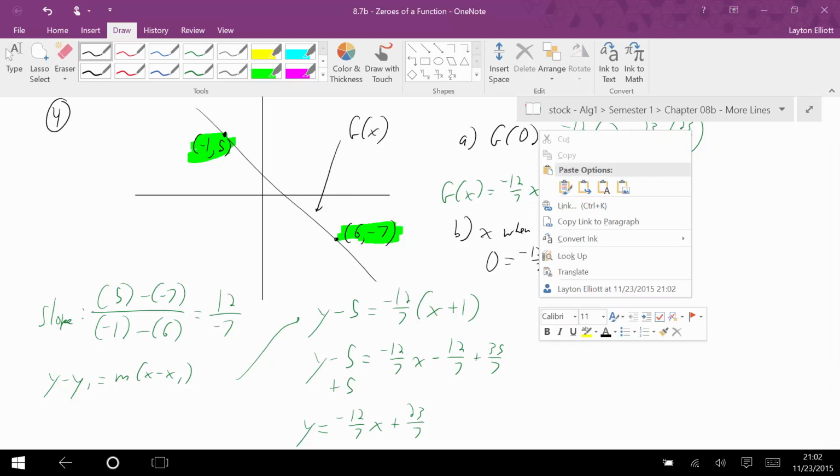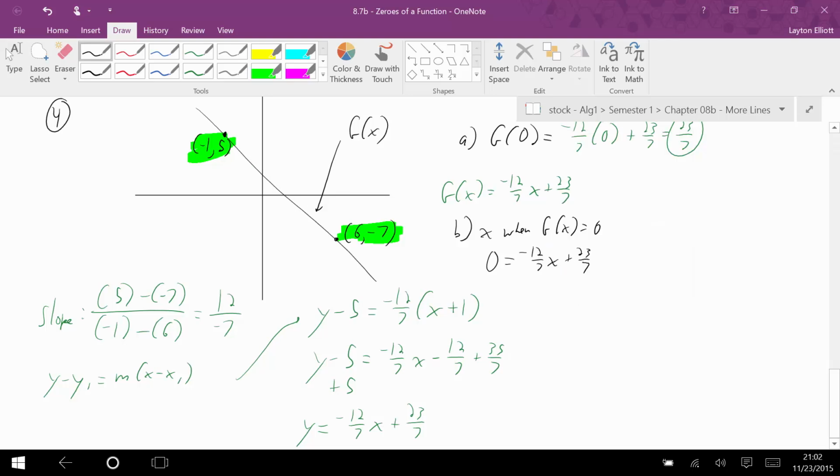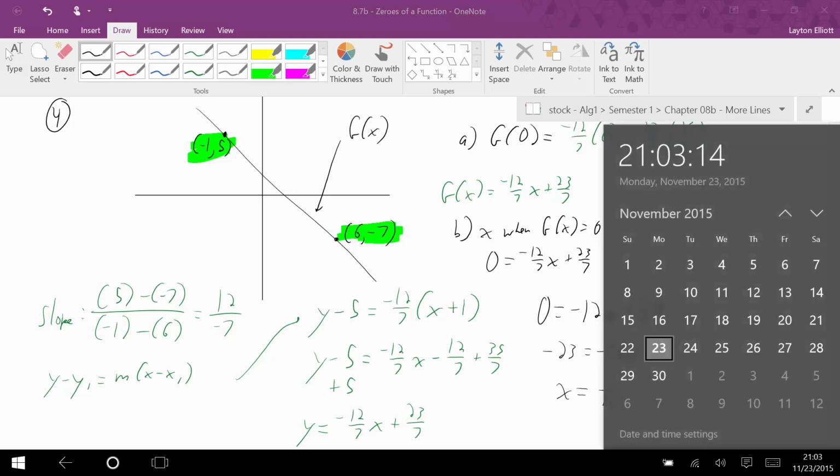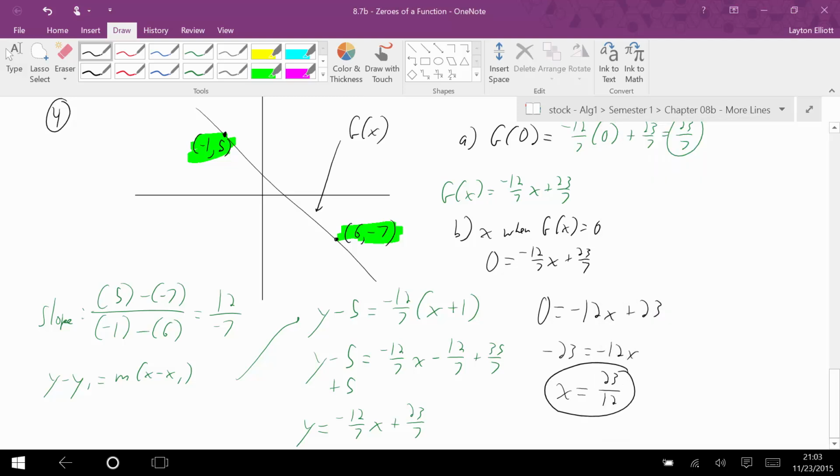If I do that, I'm going to get 0 is equal to negative 12x plus 23. Subtract 23 over, divide by negative 12, and I would get x is 23 over 12, and that can't be simplified. And that's my answer.